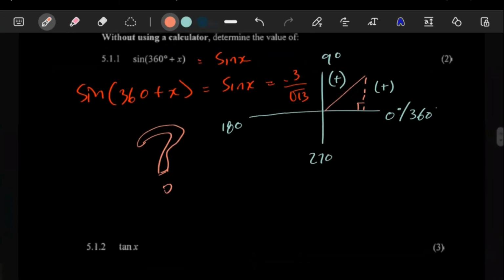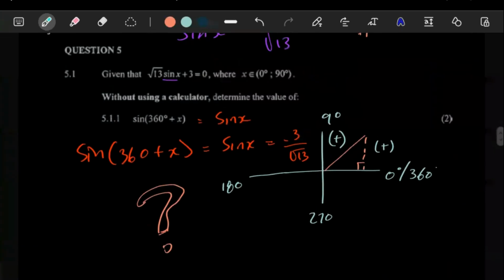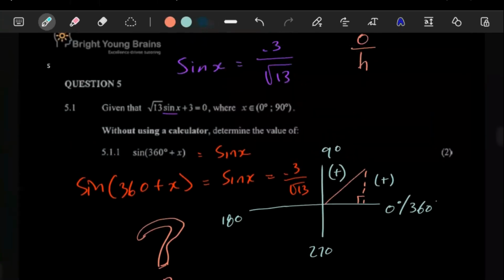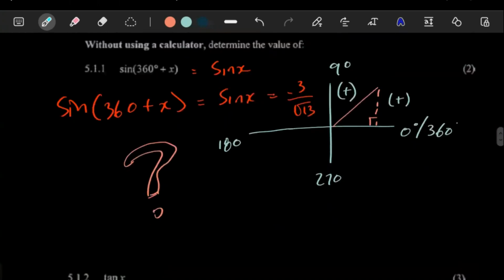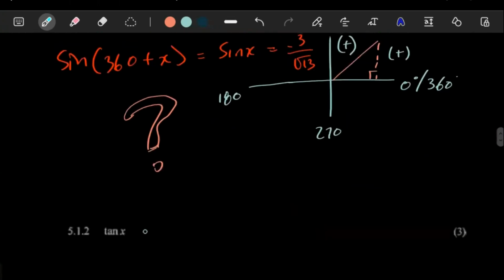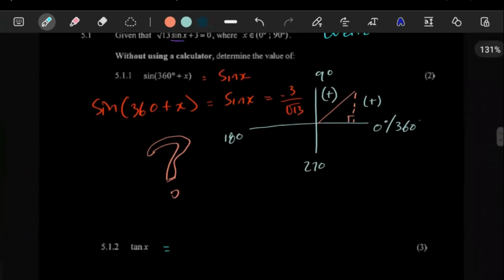Then here, if they're asking for tan x, what would you do for tan x? Well, this is just weird, because we're dealing with a negative value, but yet here we're dealing with positives.